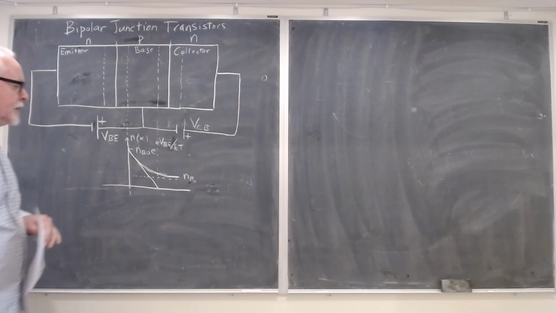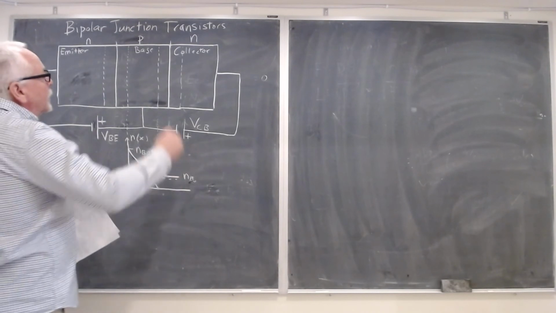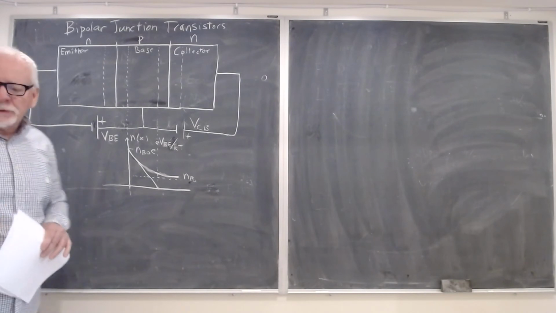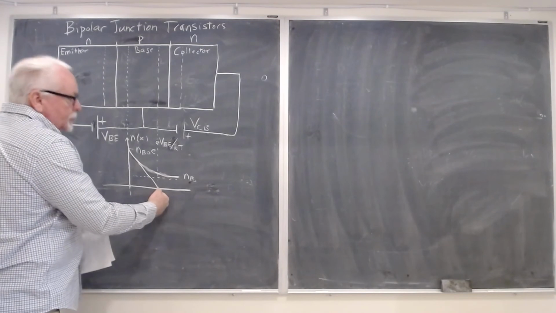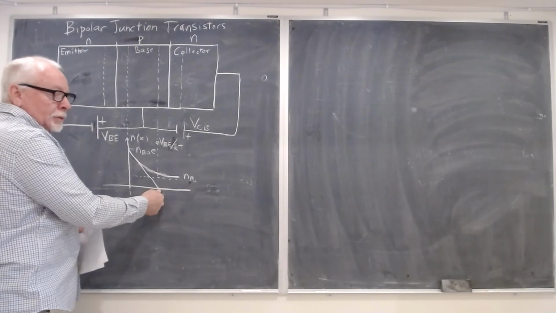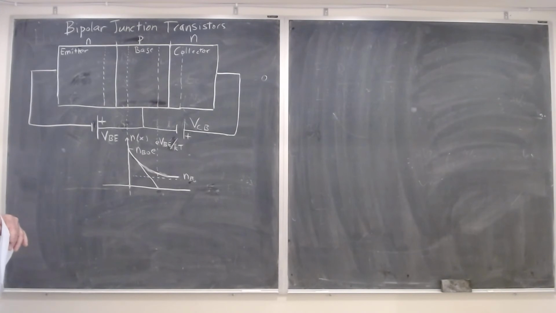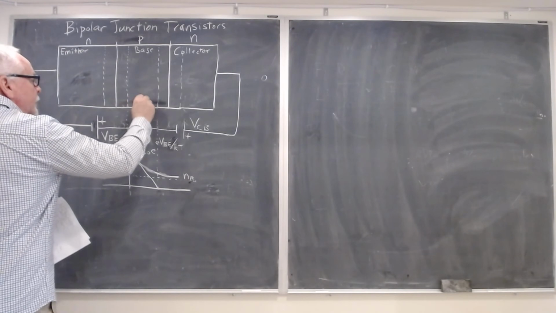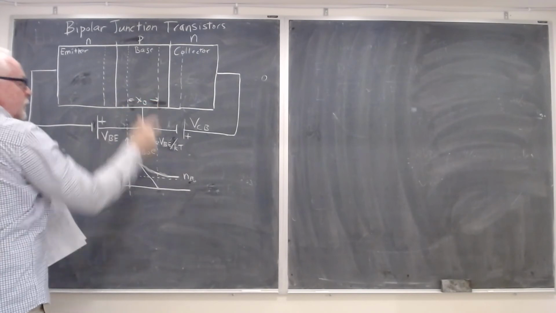N sub X changes because I reversed it. It acts like a sink, so to speak, for those injected electrons. It's sucking so hard on those electrons that the electron distribution gets pulled down to 0 at the edge of that junction. We call this length X sub B, the length between the two depletion regions.